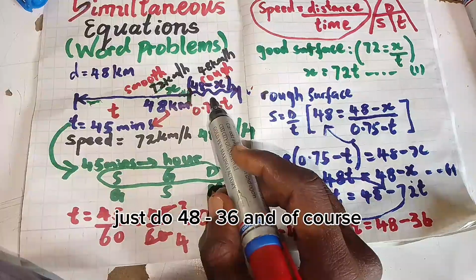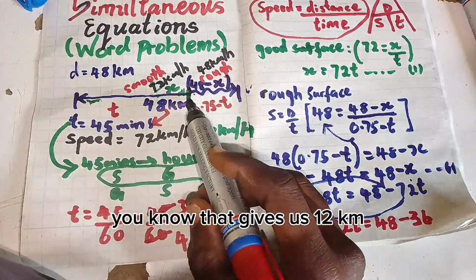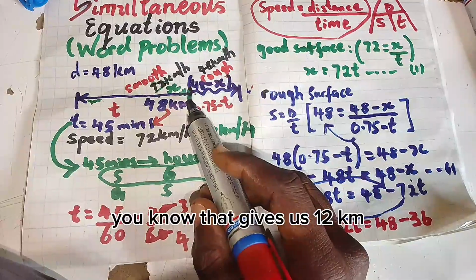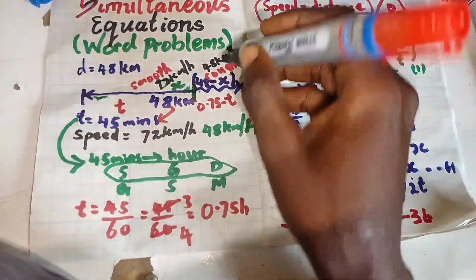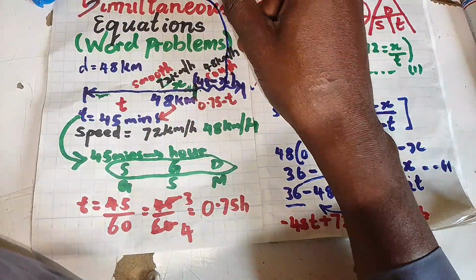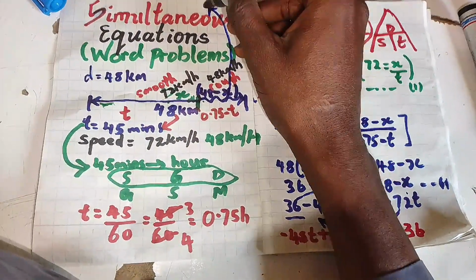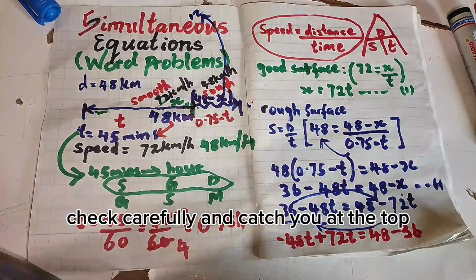To get the rough, just do 48 minus 36, which gives us 12 kilometers. Let's write it even though we're not asked. So for the rough, we have 12 kilometers. So that's it. Check carefully and catch you at the top.